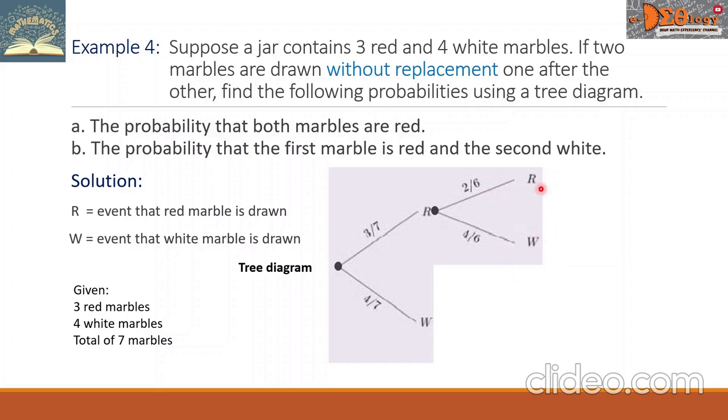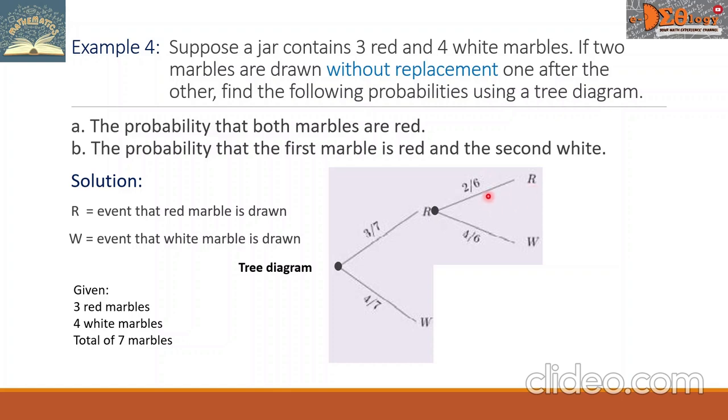For the probability, remember that we will not replace the marble from the first draw. So that means in the first draw, while we take one red marble, there will be remaining two red marbles in the jar. So the probability is 3 minus 1, that is 2, all over the total remaining marbles inside the jar, which is 6.